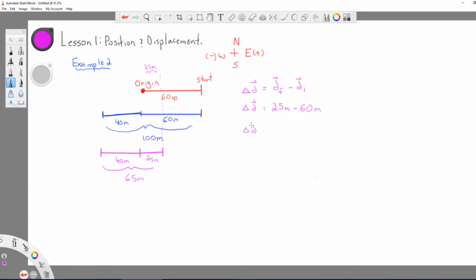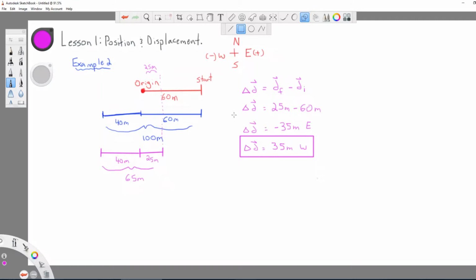And our displacement, our change in distance, works out to negative 35 meters. Since we're using east as our reference positive direction, this is negative 35 meters east. Well, what's the opposite of negative 35 meters east? It's the same as a positive 35 meters west. Okay, so that's our displacement.